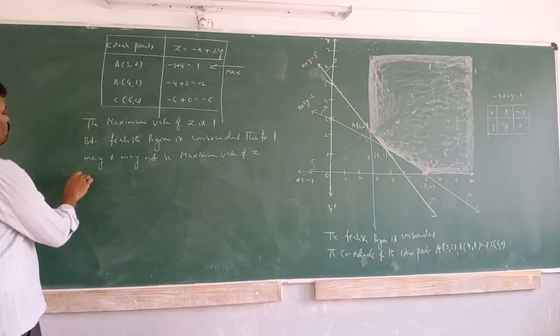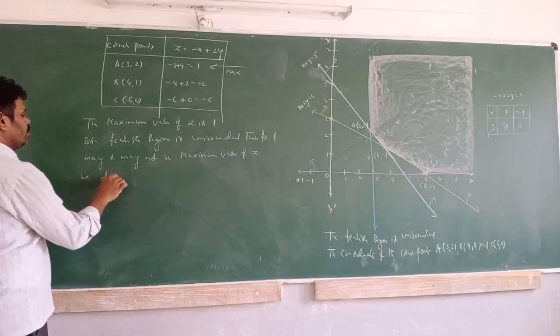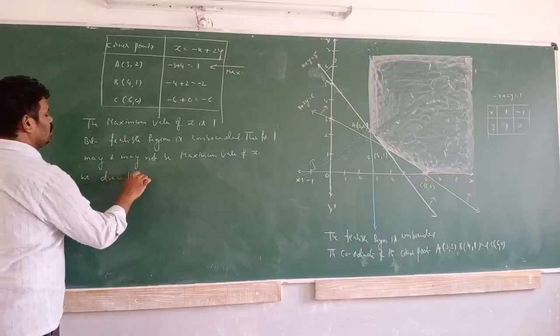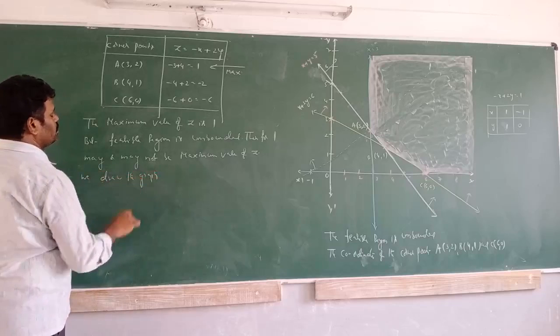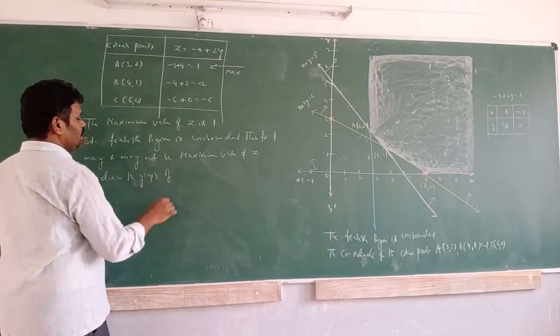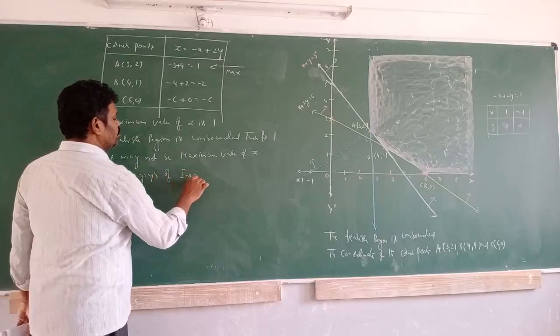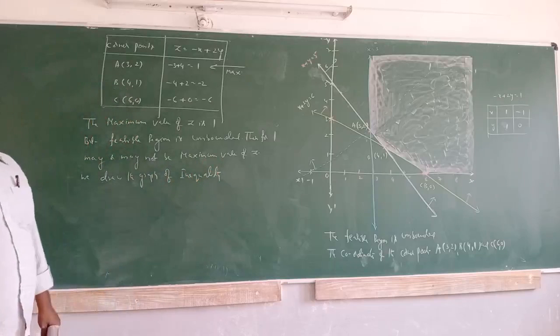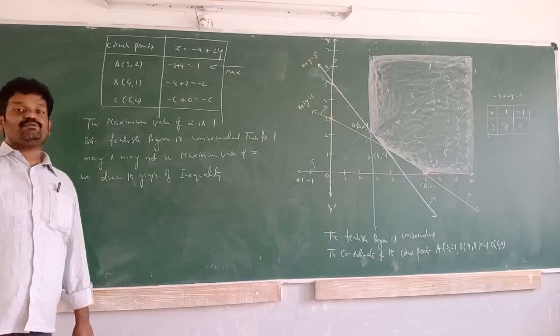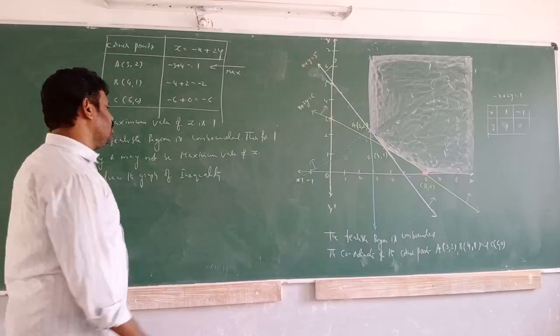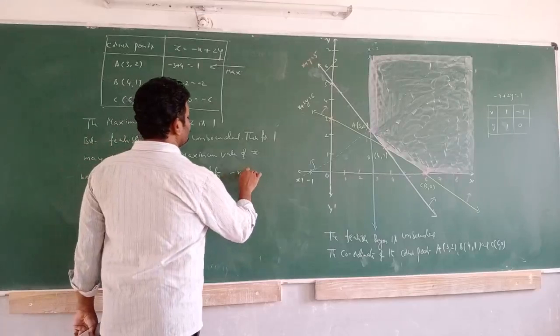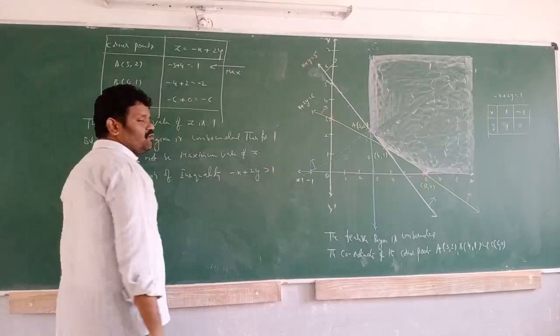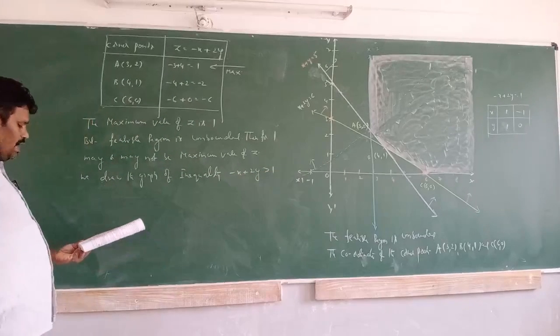Then we draw the graph of the inequality. Now, which inequality do we consider? The objective function ax plus by is greater than the given capital M. So that's why minus x plus 2y is greater than 1. Okay?